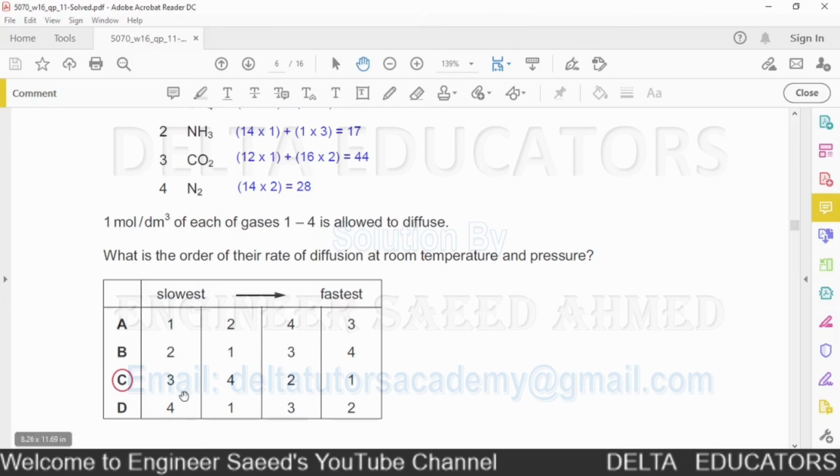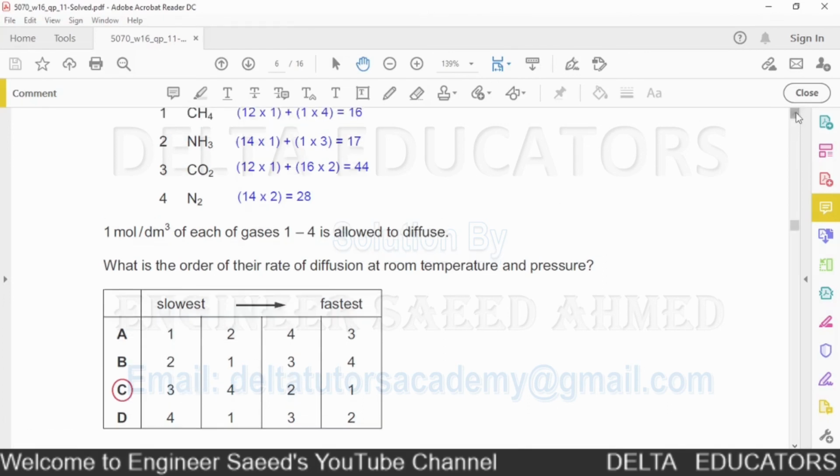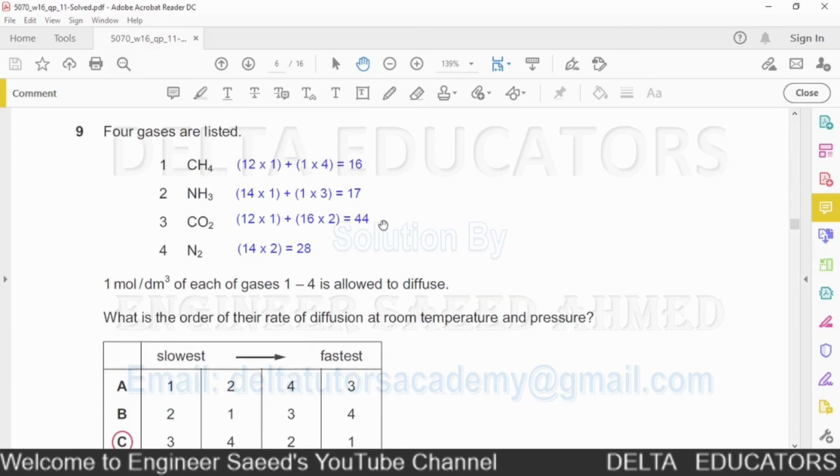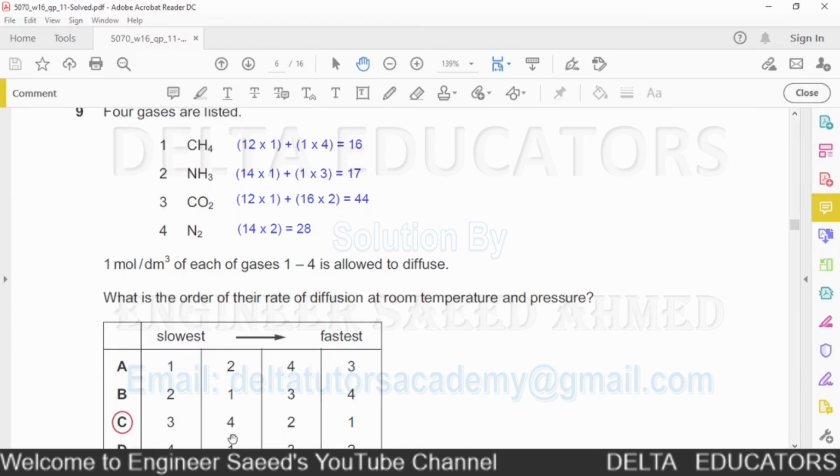Okay, we will also check the rate of diffusion of the other gases. Now after carbon dioxide, the rate of diffusion should be of nitrogen, that is given as number 4. In C, at the second point it is given number 4.